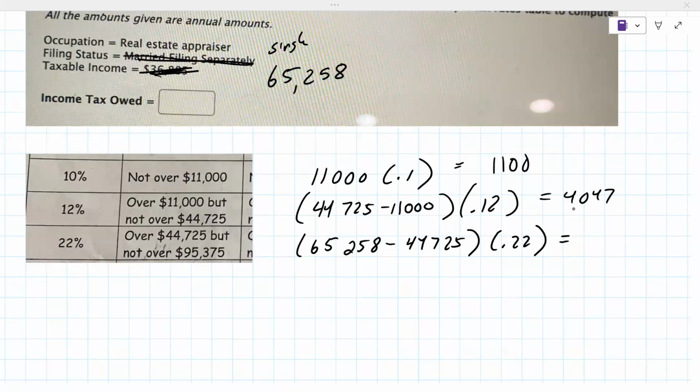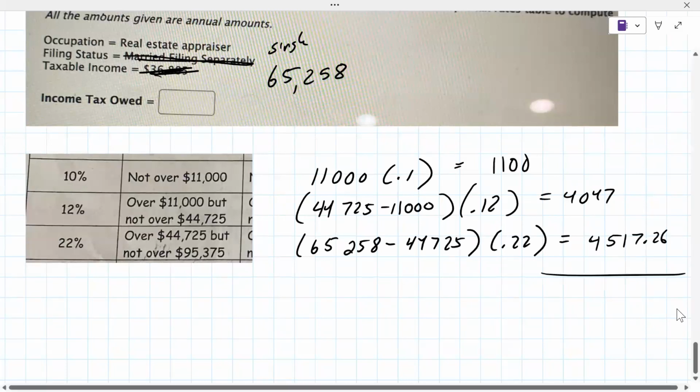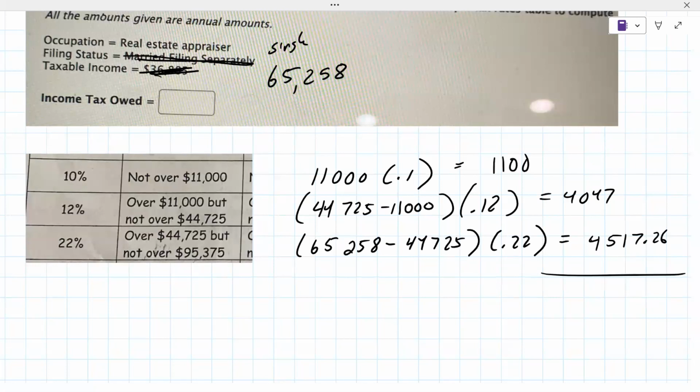And then for the last one, I got 4,517 and 26 cents. So you're gonna add up these three numbers and round to the nearest whole dollar. I got 9,691 and 26 cents. We both have slightly different results here.